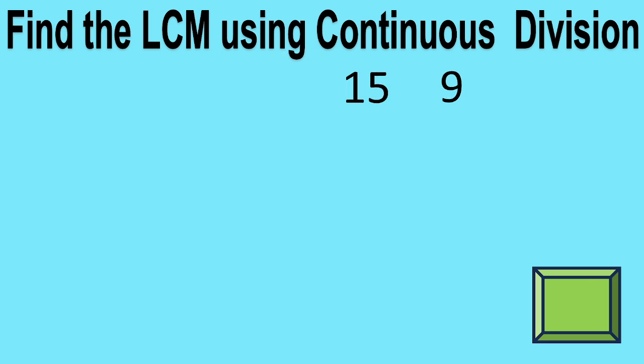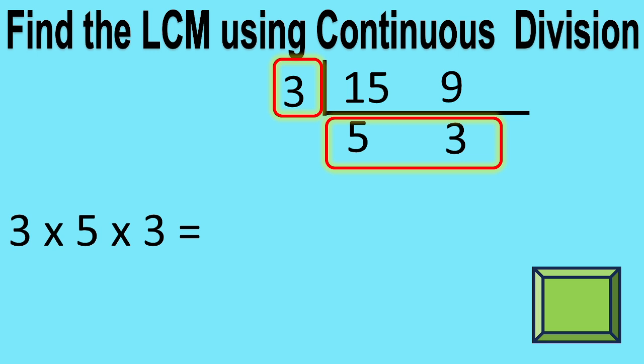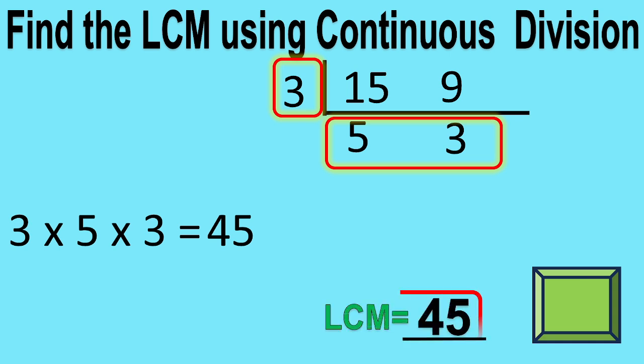Another, 15 and 9. Time's up. The answer is... So, 3 times 5 times 3 equals 45. So, the LCM is 45.